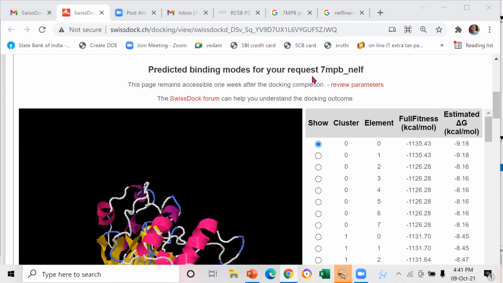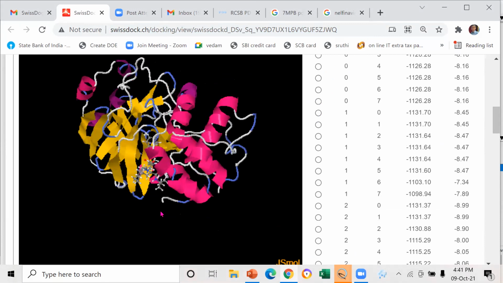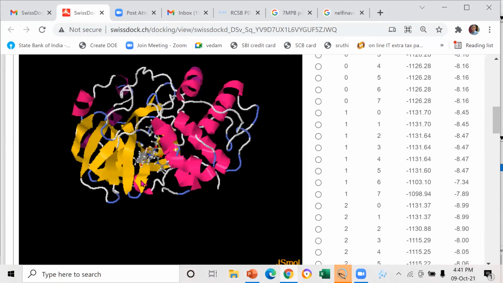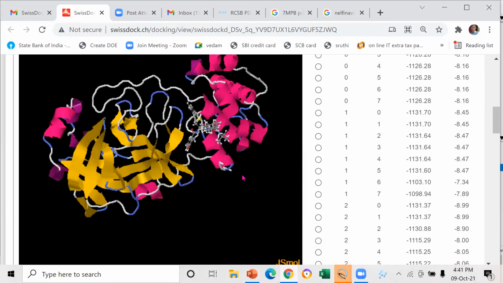Okay, I've sent you the link again, and you can play around with this. Yeah, this is called nelfinavir. Look at the structure.